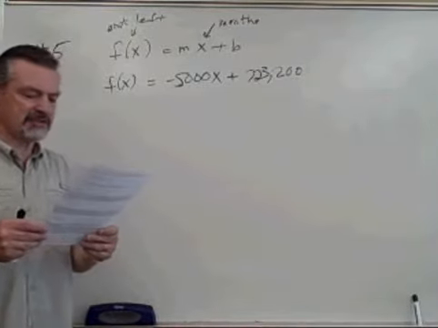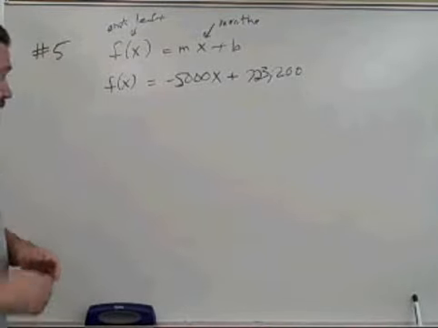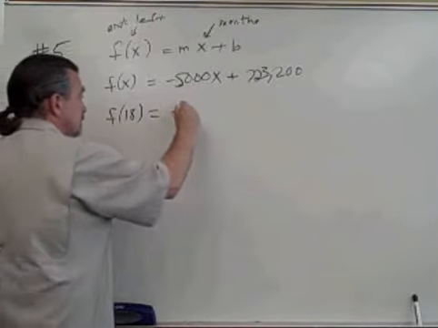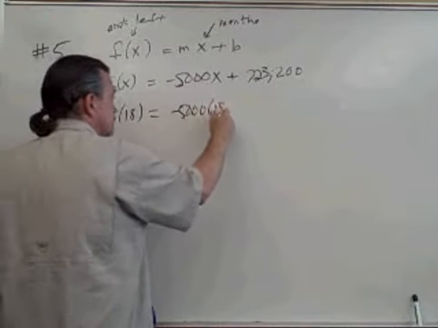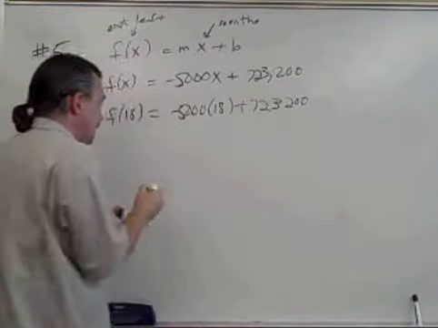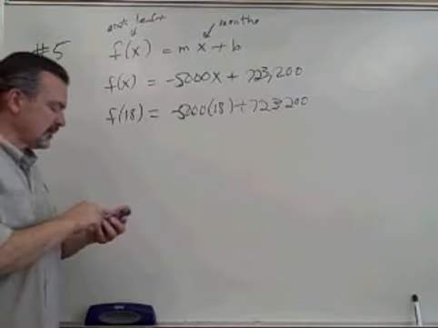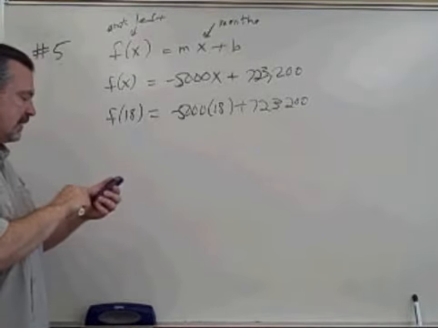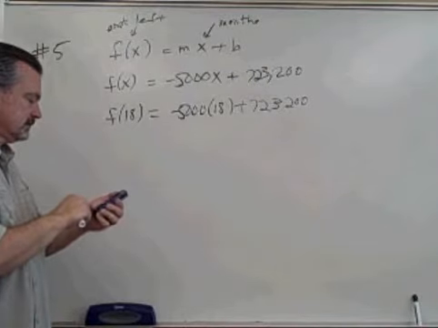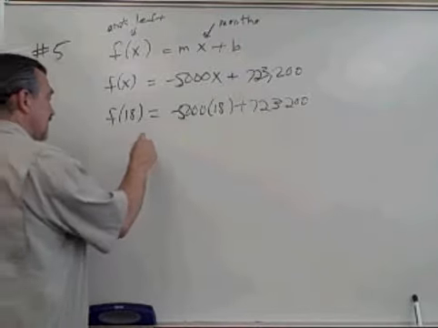Now it says, how much is in her retirement account after 18 months? So we're wanting to evaluate this function when x is 18. So we would simply put in 18 for x, do the arithmetic. So 18 times negative 5,000, that's negative 90,000.